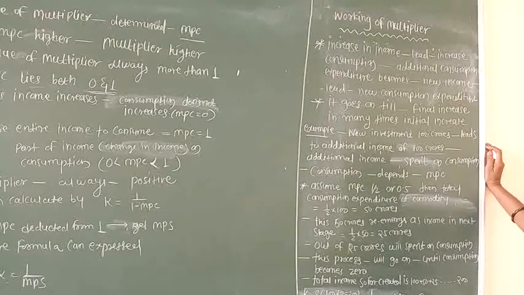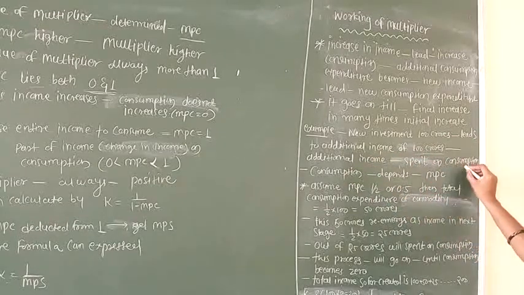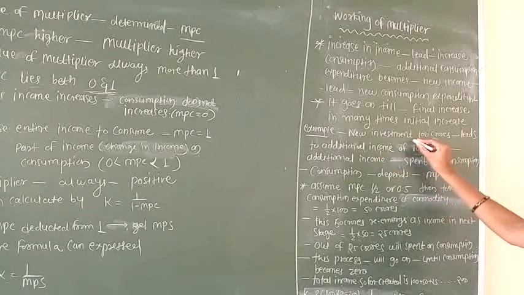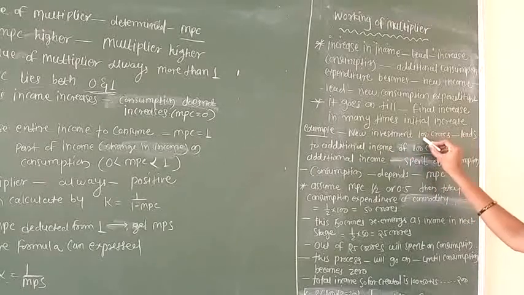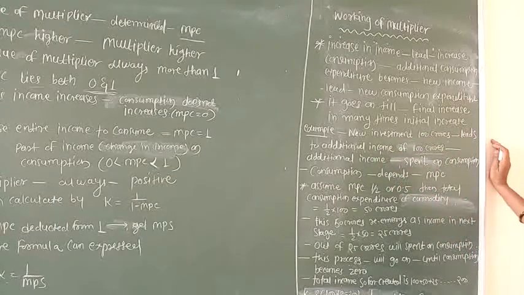This additional income is spent on consumption, means spent by the consumer to purchase goods and services.